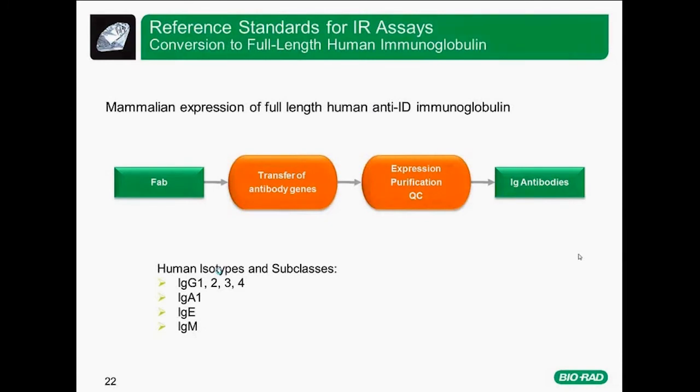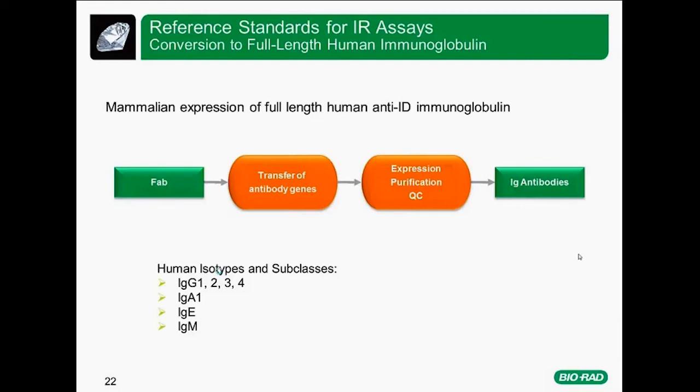Now, if you want to use these anti-idiotypic antibodies in immune response assays as reference standards, they have to be converted to full-length human immunoglobulin. And this can also be done very easily with recombinant technology.